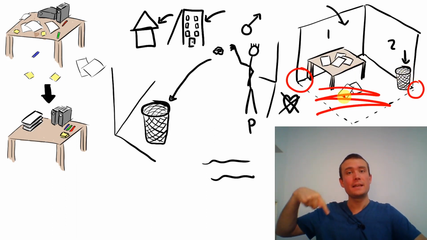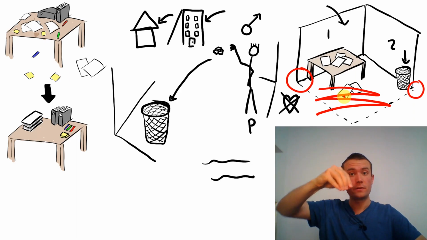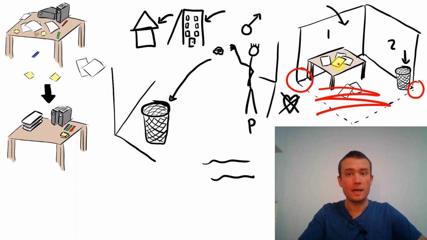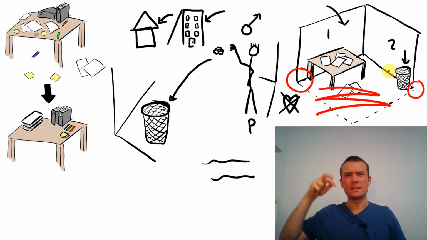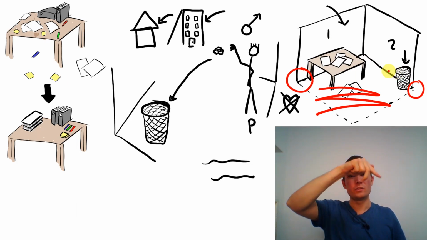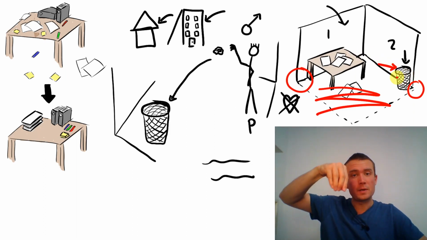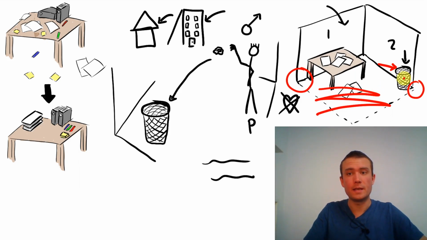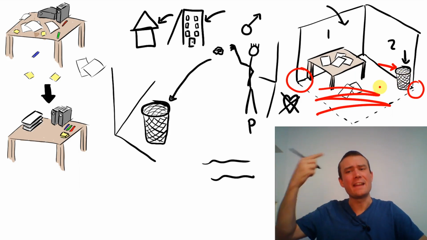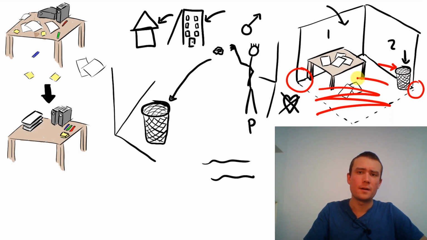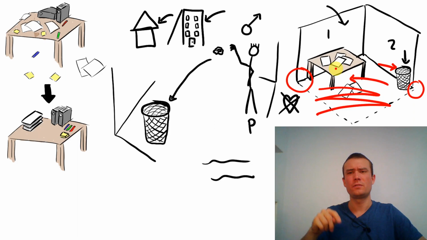Each time he has to put a piece of paper into the bin, he's not going to walk to the bin, put the piece of paper into the bin, and then walk back to the desk. He's not going to do that.